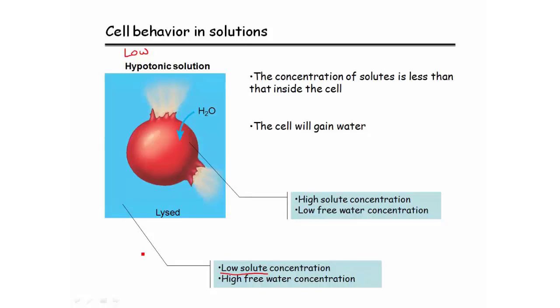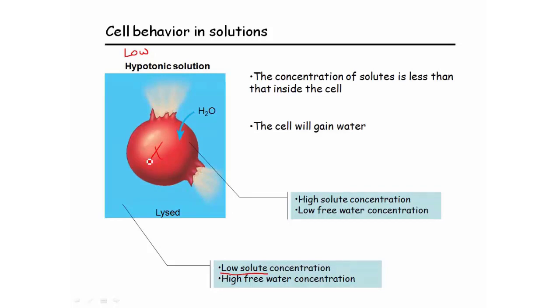In contrast, inside the cell, you happen to have a high solute concentration in comparison, which is going to mean a low free water concentration. And water moves from high to low. So since the water is moving from a high free water concentration to a low free water concentration, we see the water actually enter the cell. So the water is moving across the membrane and to the inside.